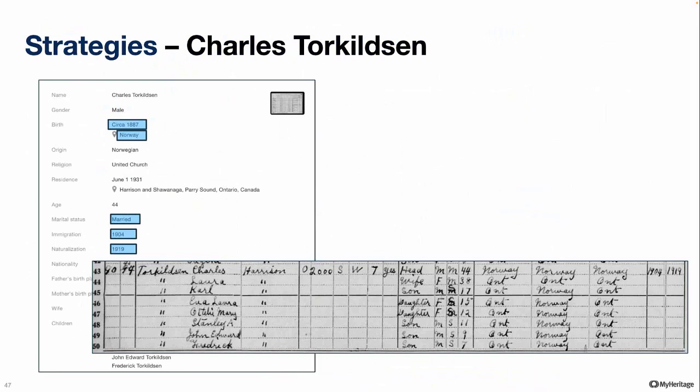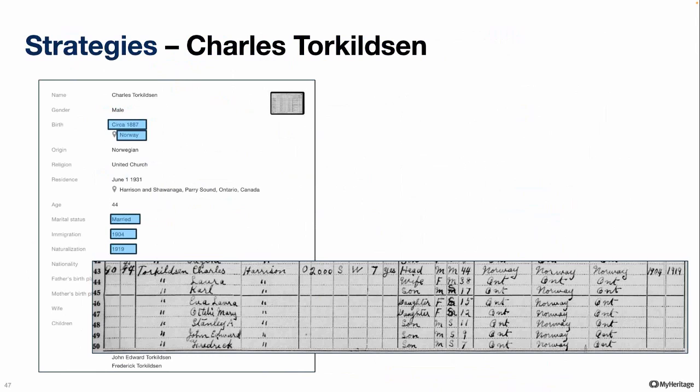Another really important strategy is to look at the other information that we get about this Charles Torkildsen. We get not only that he was born in Norway and his age of 44, giving us an estimated birth year of 1887, but also his marital status. One thing that's interesting to me to look at in a record like this is, did he immigrate with his wife, or did he more likely find a wife here in North America?